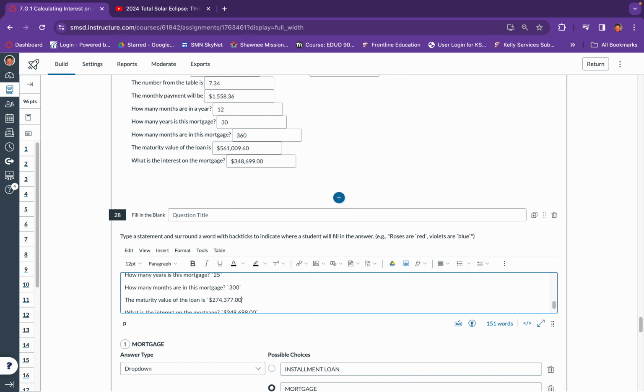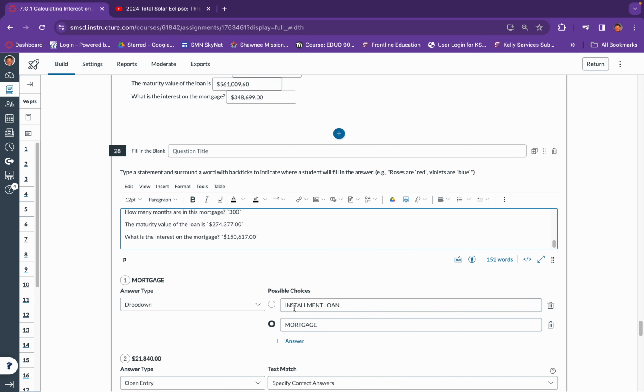But he borrowed $123,760, which means that the interest he paid was $150,617 in interest, which is almost the price of the home again.